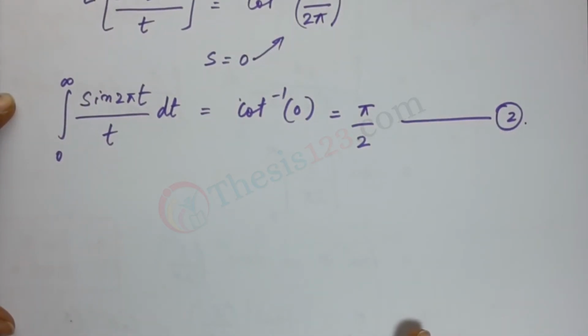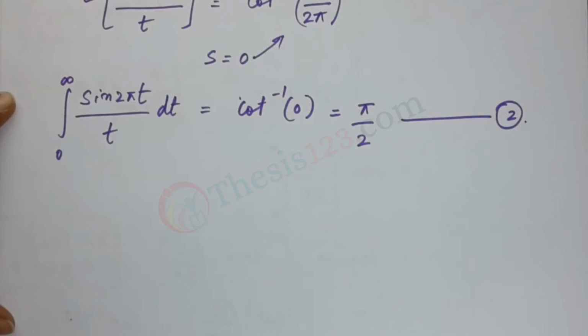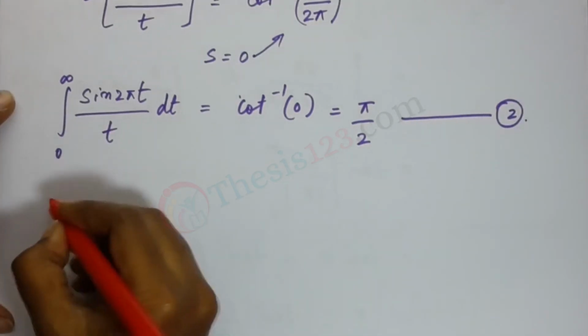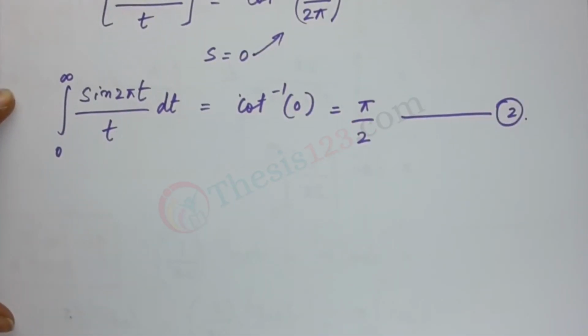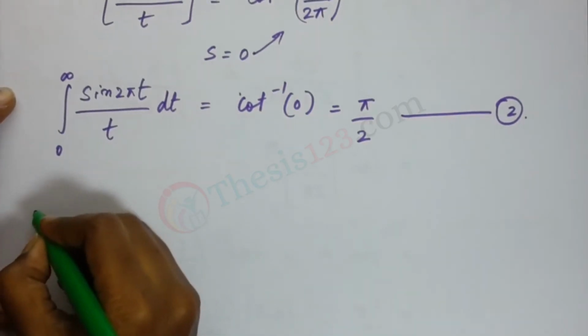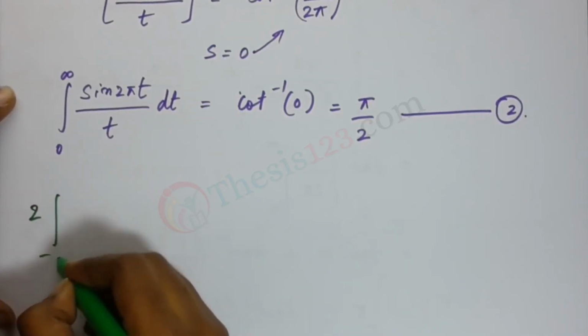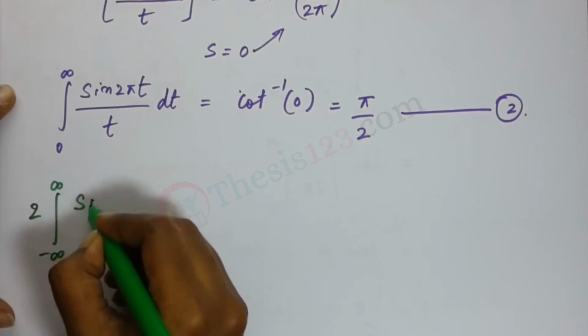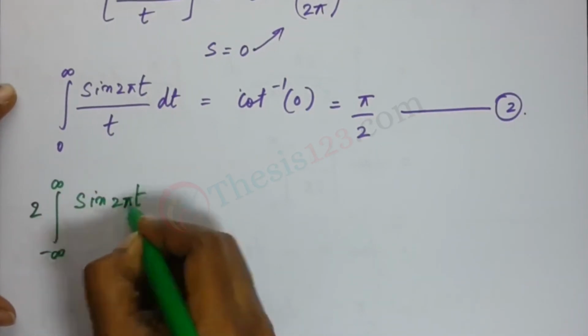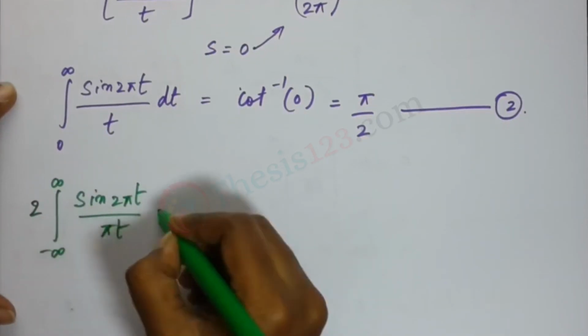So now let's look at what we had at the very beginning: the integral from minus infinity to infinity of sine 2 pi t by pi t dt.